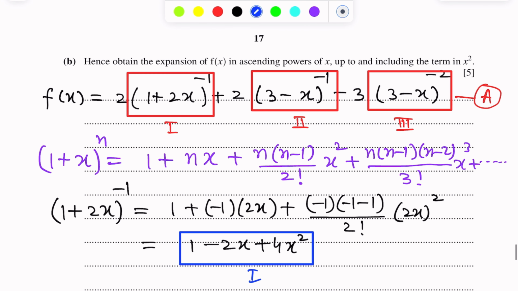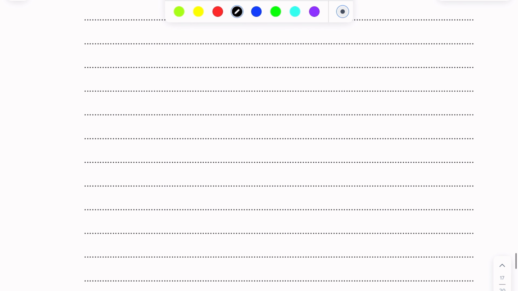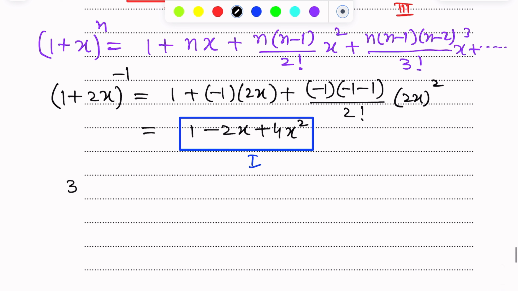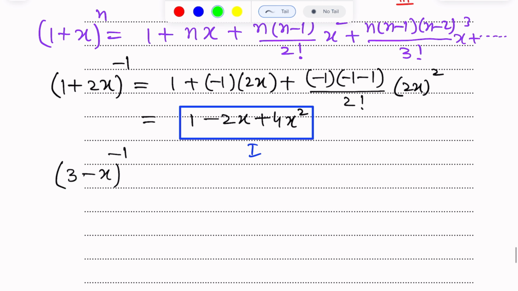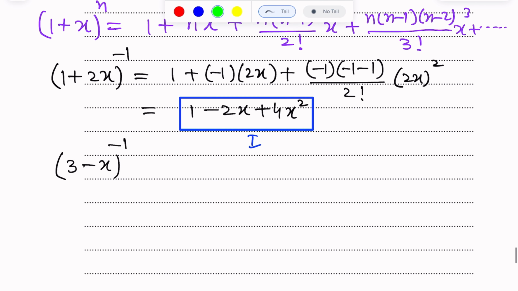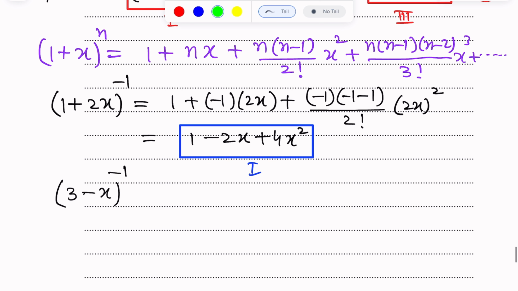Now we will expand the second term, which is (3 minus x) power negative 1. We need 1 here. We have to make the first term as 1, so we use this binomial expansion formula.